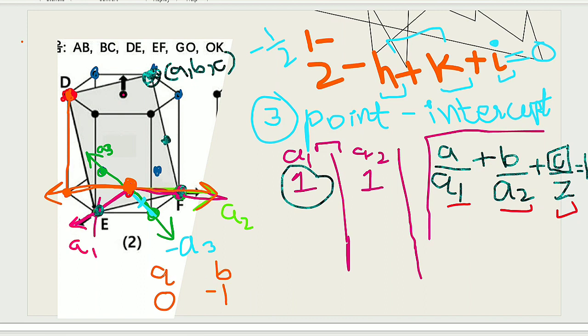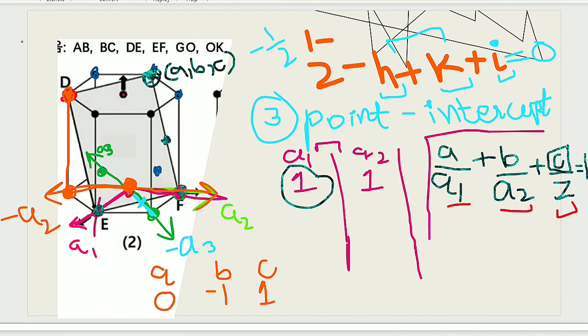So no motion along A1 direction, as you can see. In A2 direction we move -1 unit, so -1, because it is in the negative A2 direction, and from that point onward we moved 1 unit from this corner to another corner of the unit cell to reach point D. So C is positive 1, because it is the positive Z direction.